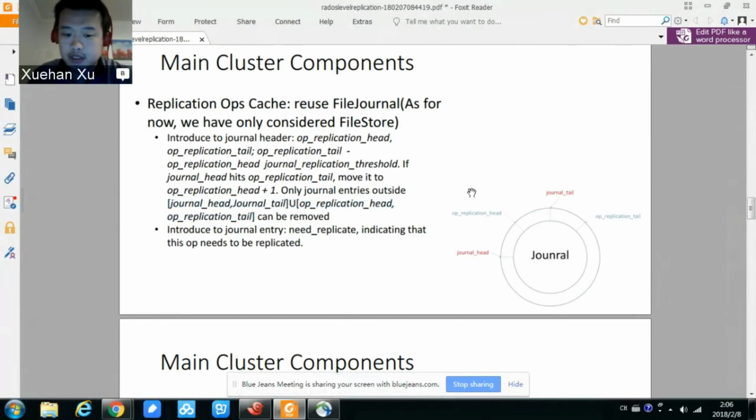That means if the ops are not replicated yet, they cannot be removed from the file journal, and when filling the file journal, we must use the space outside of this range.